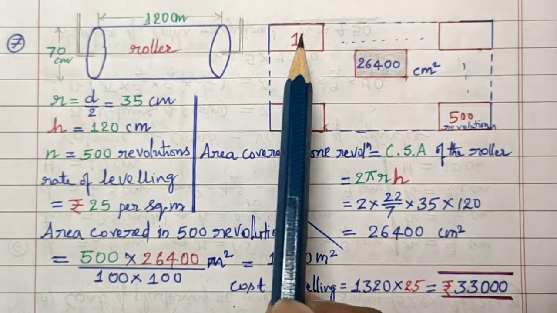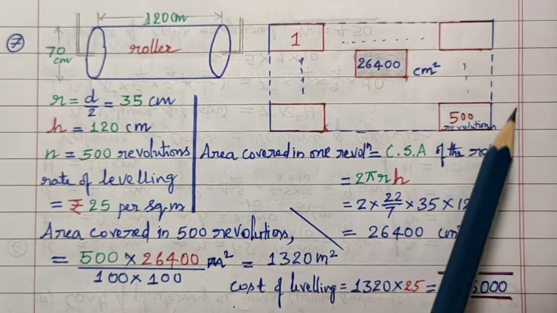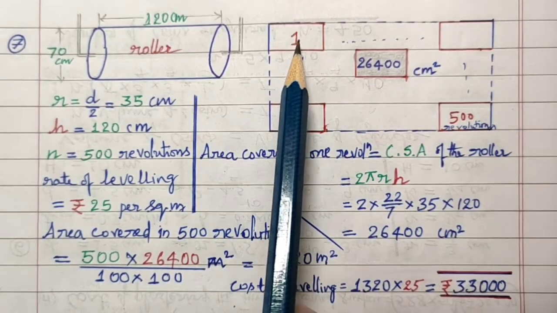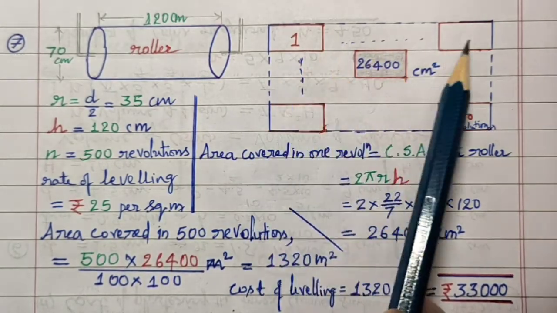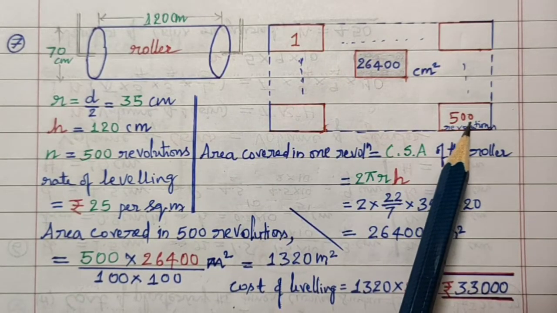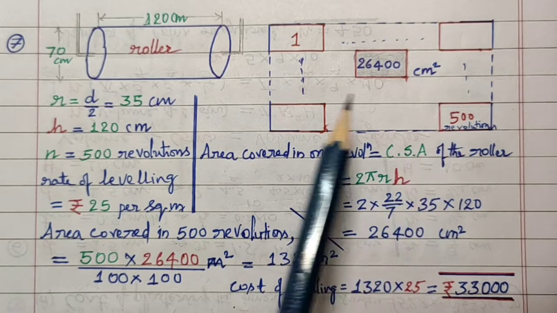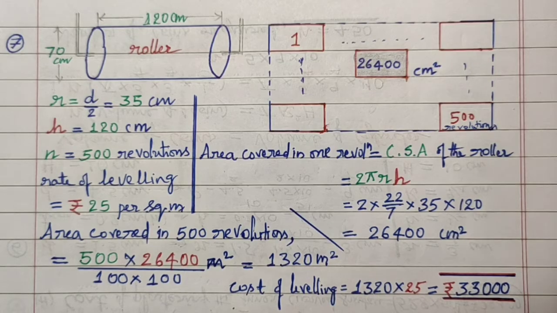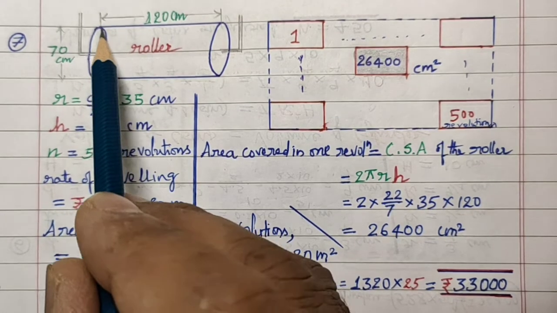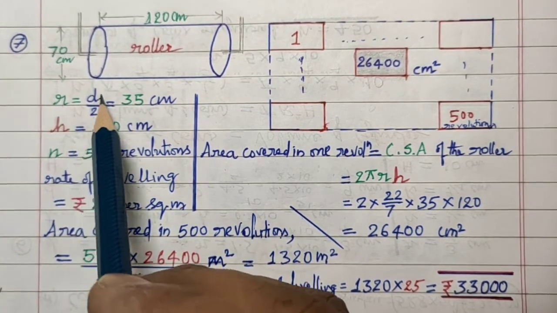So imagine this is the ground, and this roller rolls 500 times to make it flat, 500 revolutions it has taken. We need to find the cost of leveling at the rate of 25 rupees per square meter.